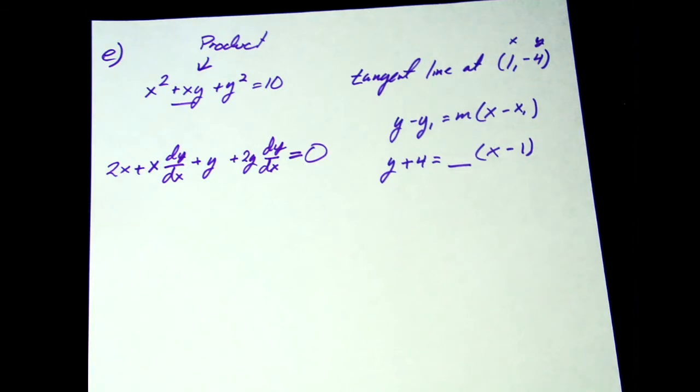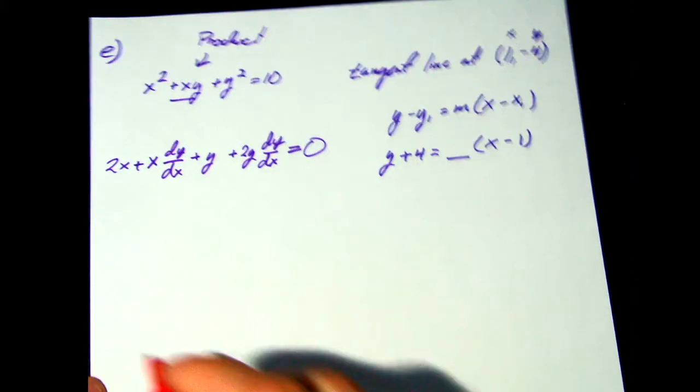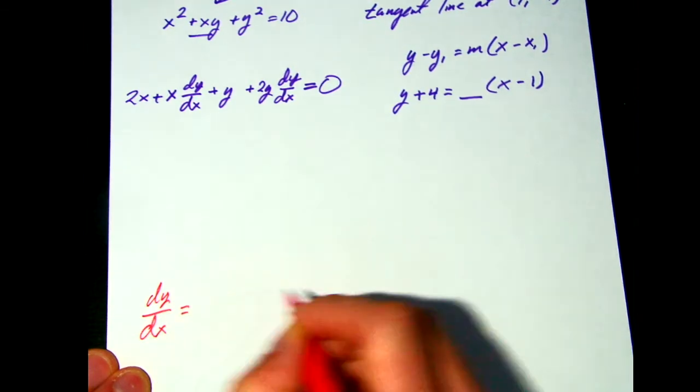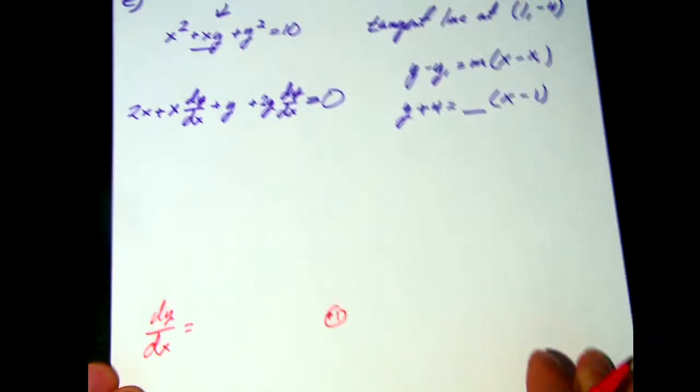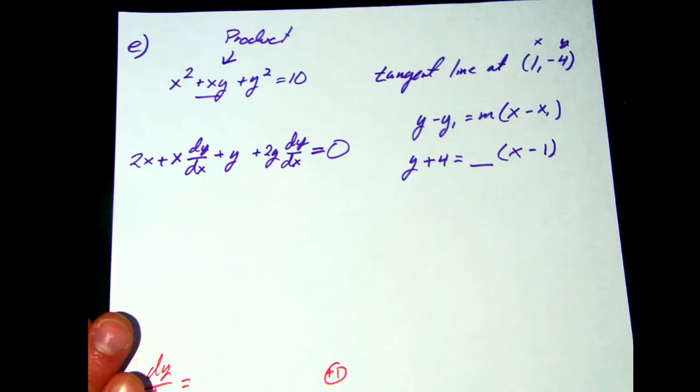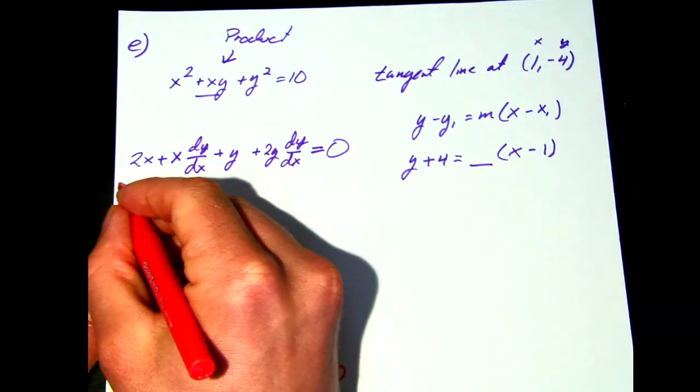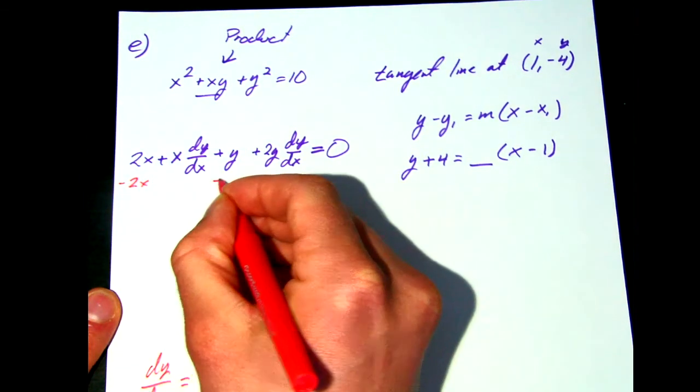Now, I have to solve for dy dx. At the end of this, I'm going to say dy over dx equals something, and that's going to be my first point. In order to do that, I'm going to get everything without a dy dx on one side. So I'm going to subtract 2x and subtract y.